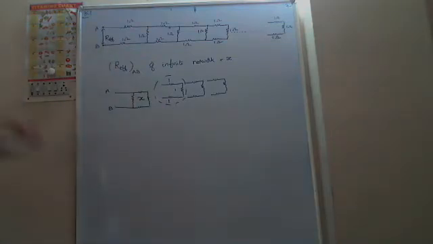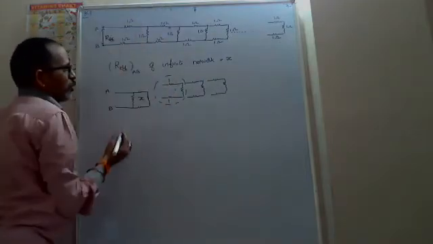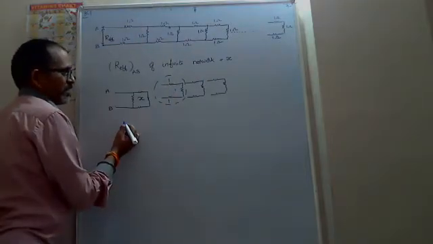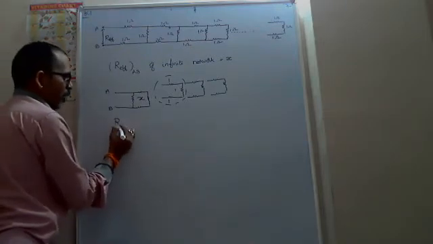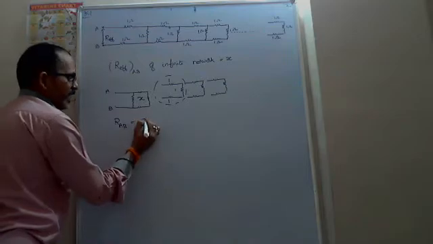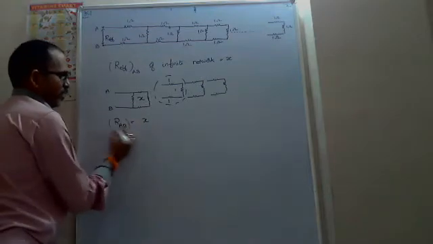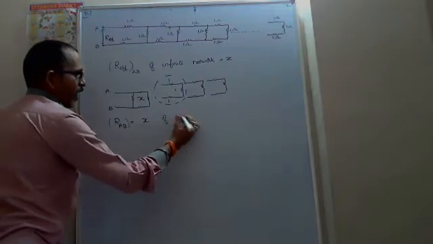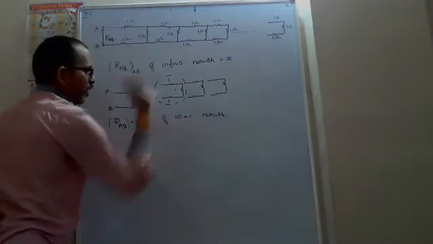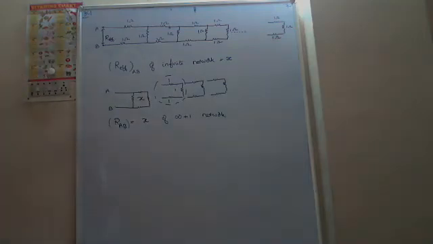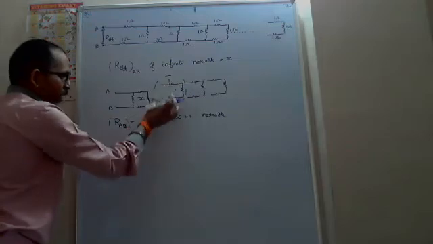For infinity, you already assumed the effective resistance is X. That's why for this network also, R between A and B is again X. This is the effective resistance between A and B of the infinite plus 1 network. Am I right? Yes, sir. That is also X.